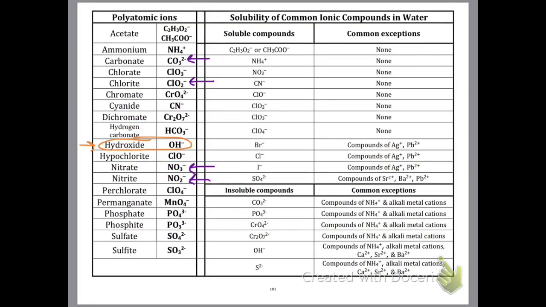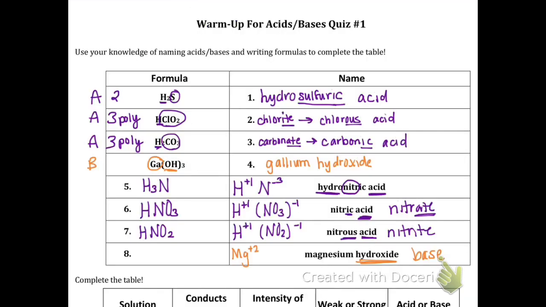It's OH with a -1 charge. So you're going to go back with this OH -1 charge. So how many of each do you need for the charges to cancel out? For every 1 magnesium, I need 2 hydroxides. So you got to put the parentheses there.